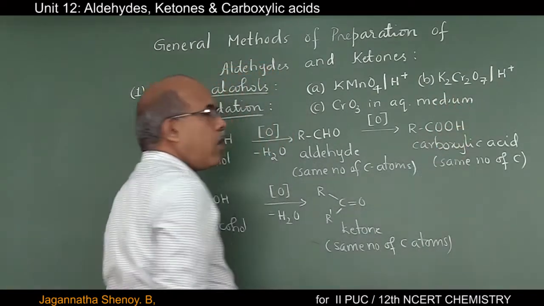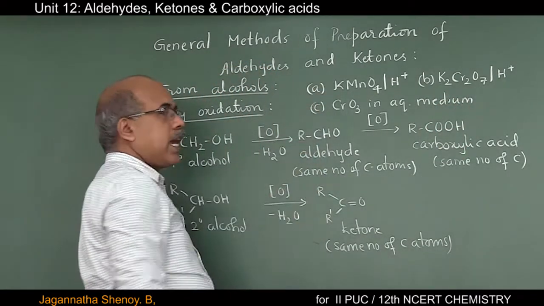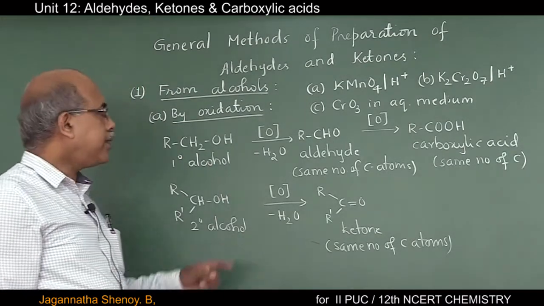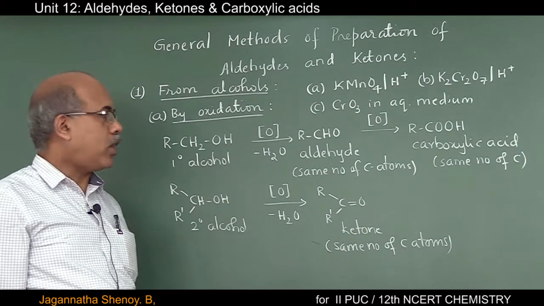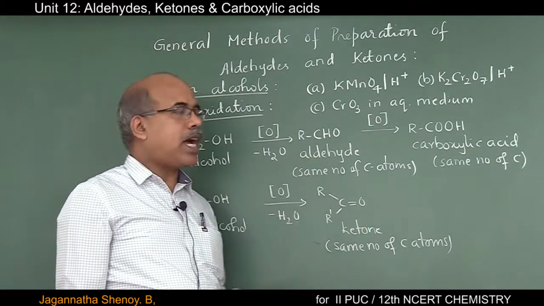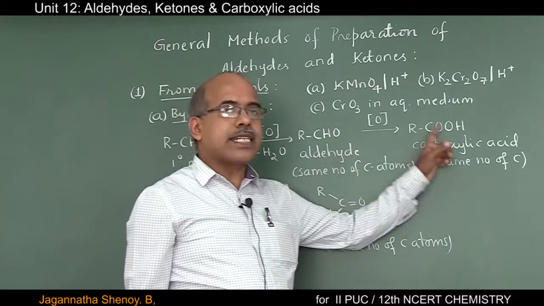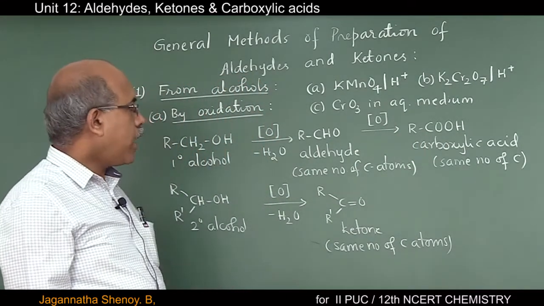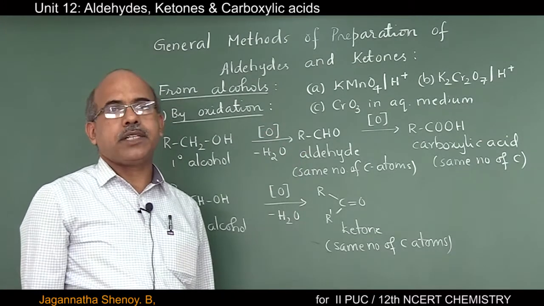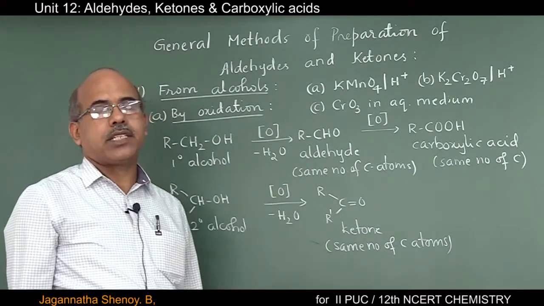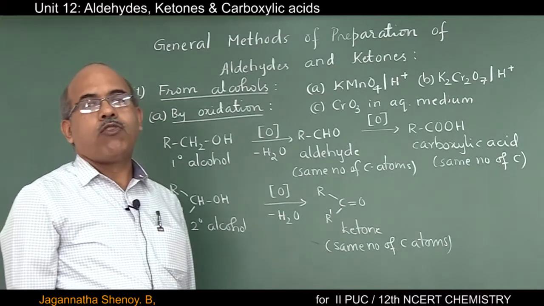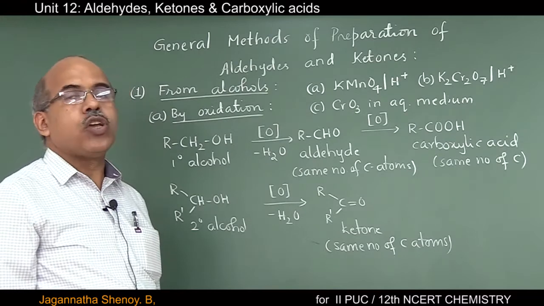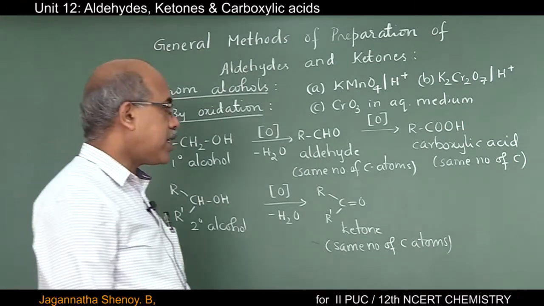But the problem of using these oxidizing agents is that the first reaction, that is oxidation of primary alcohol, does not stop at aldehyde. It directly gets converted into carboxylic acid. So, if we want to stop the oxidation at aldehydic stage, we have to go for one of the two methods. What are those methods? You have already studied under previous chapter.